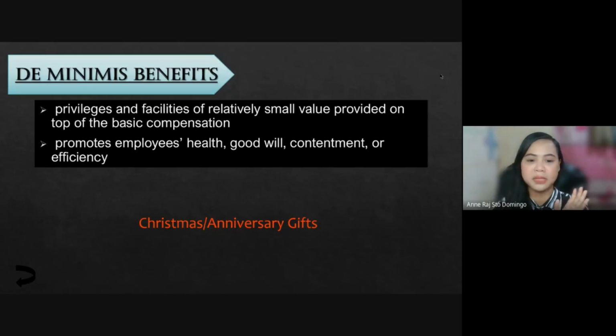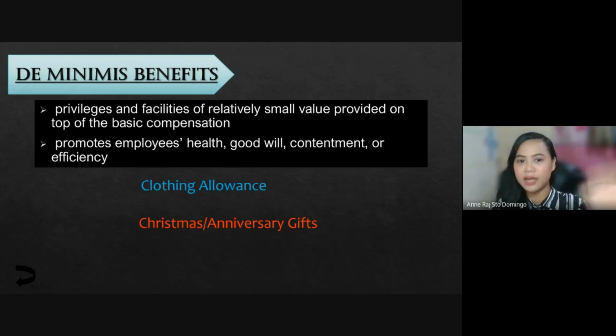The de minimis benefits include Christmas or anniversary gifts. So may mga company kasi na may binibigay na mga regalo tuwing Christmas or anniversary nila, yung foundation day. May answer din sa ating chat box, laundry allowance. Answered kanina, floating allowance, very good from Eliza.